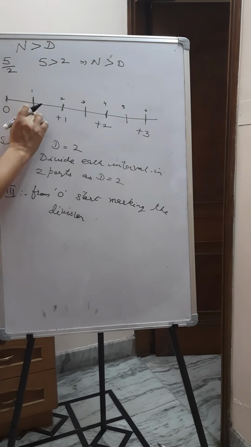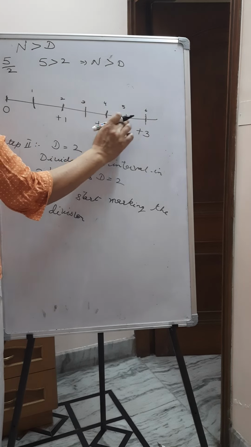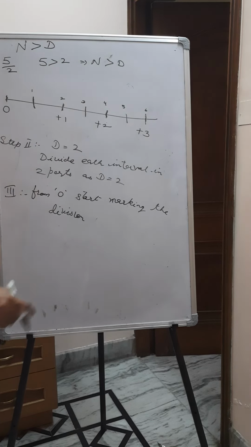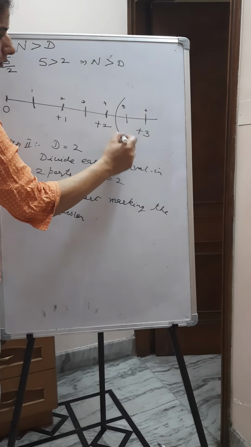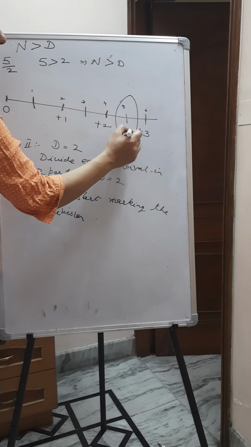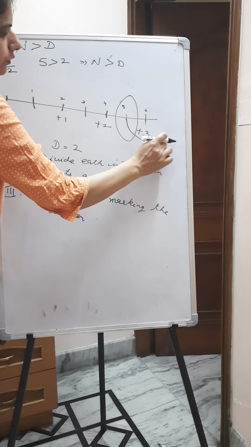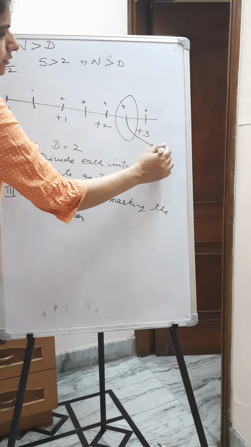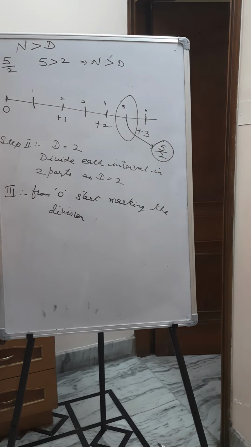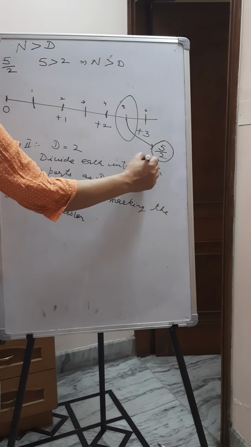So this is 0, this is 1, this is 2, this is 3, this is 4, this is 5. And whatever is the numerator, 5, so we will mark this value as 5/2, and this is your answer.